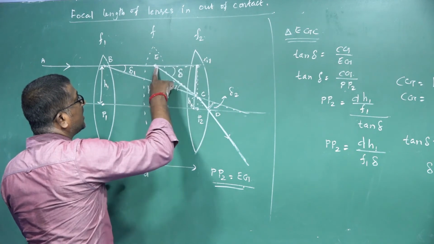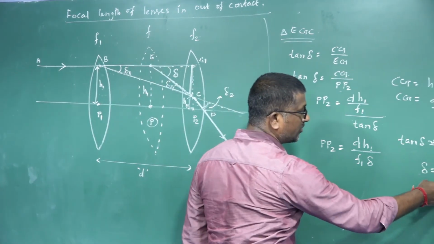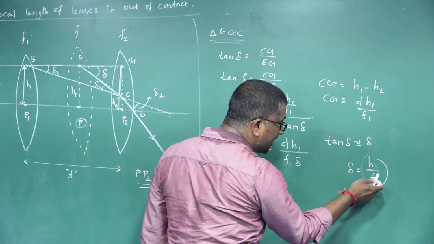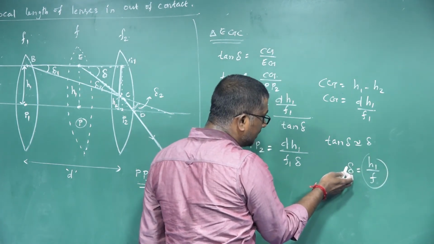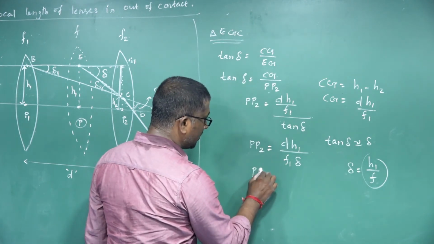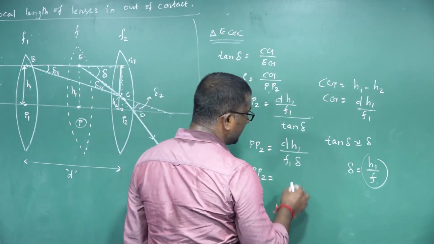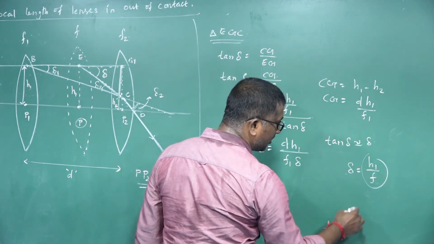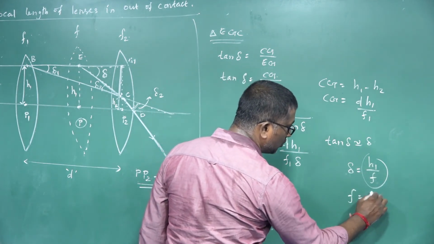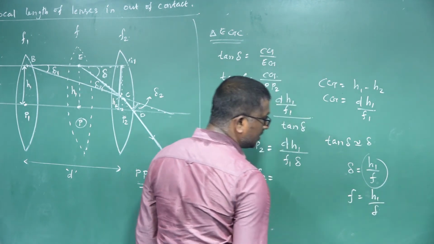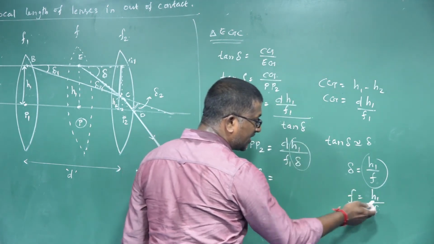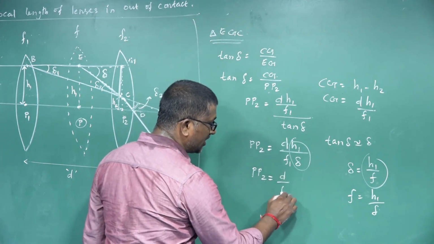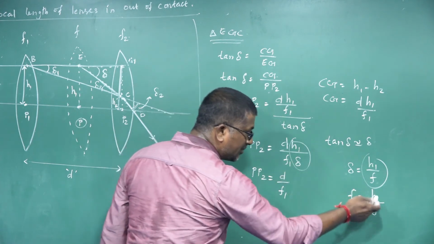So del is equal to H1 divided by F. Therefore F is equal to H1 divided by del. So instead of H1 divided by del, we can write F. So P2 is equal to D divided by F1 into F.